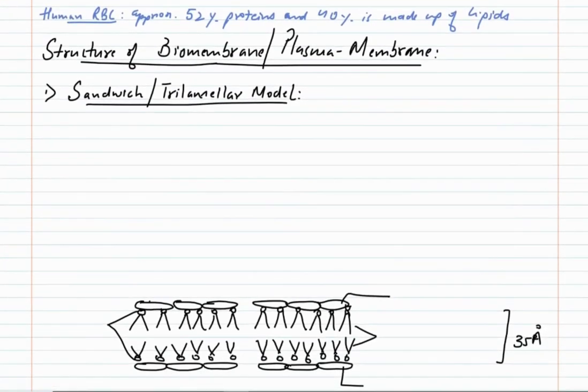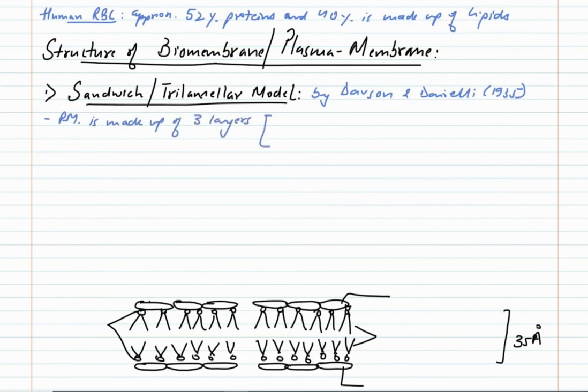Now, talking about the structure of biomembrane or plasma membrane, various models have been put forward during various times. The first model to come into existence was sandwich model or the trilamellar model, which was given by Davson and Danielli in the year 1935. According to this model, plasma membrane is made up of three layers.